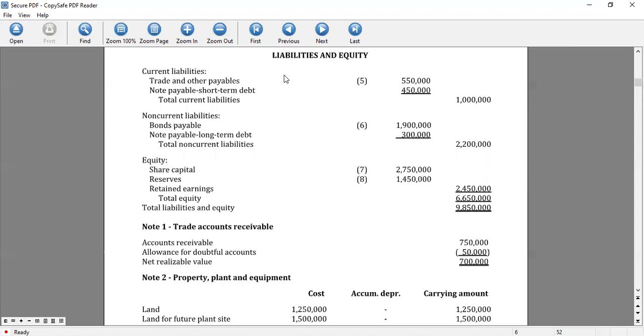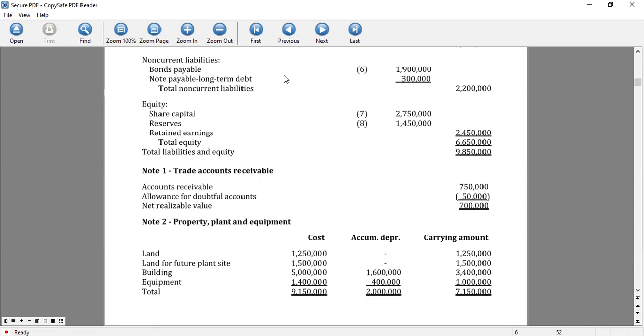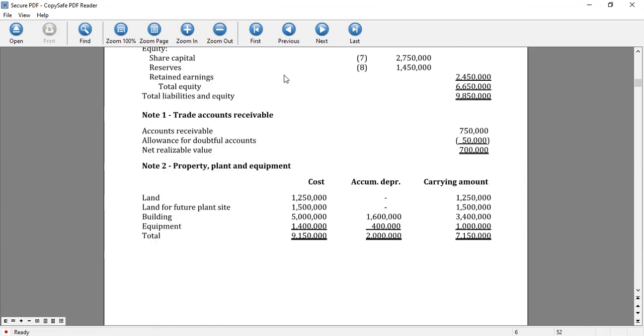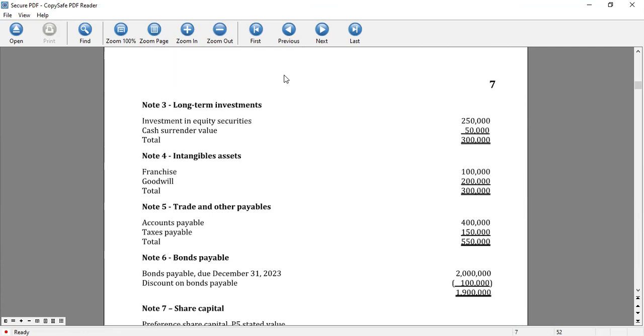So the total current liabilities 1 million, the non-current is 2.2 million, giving us the total liabilities of 3,200,000. For the share capital, we have notes 7 and 8 for the share capital and for the reserves.